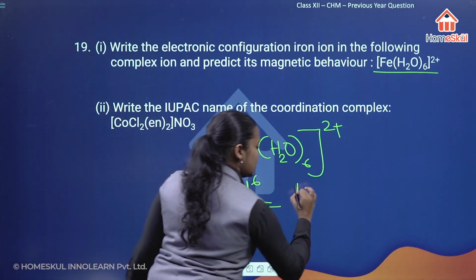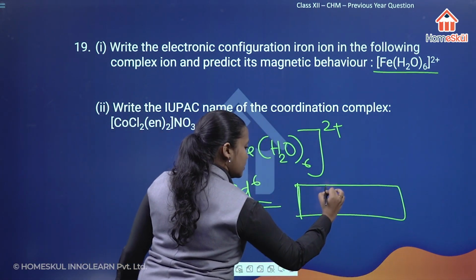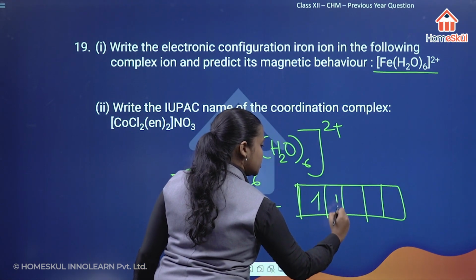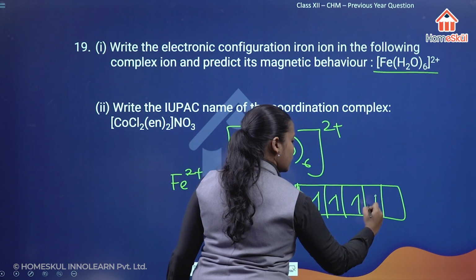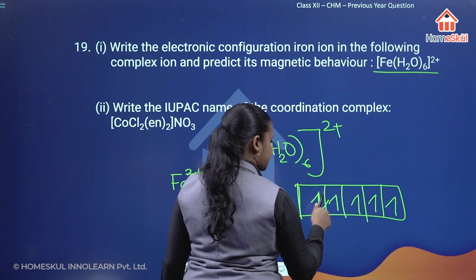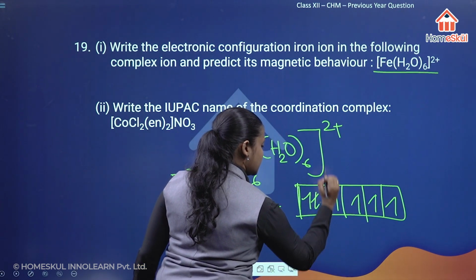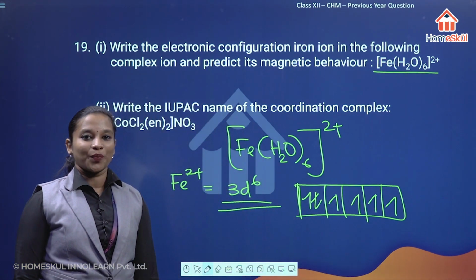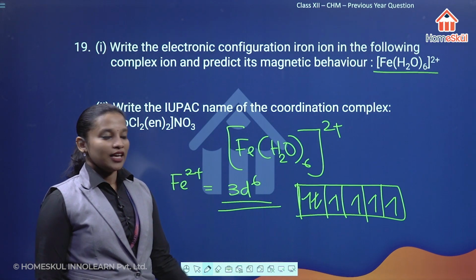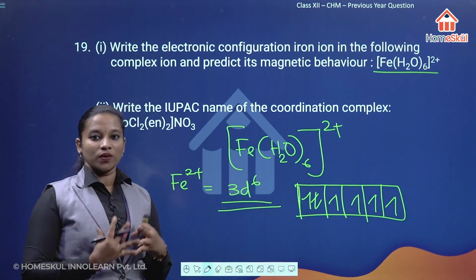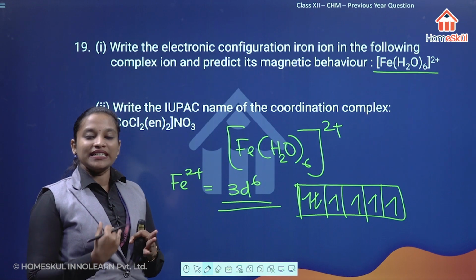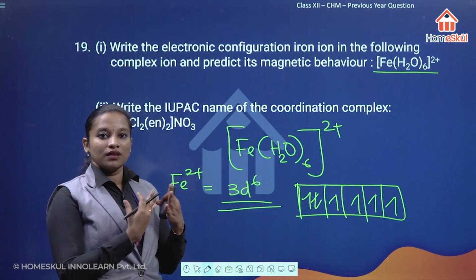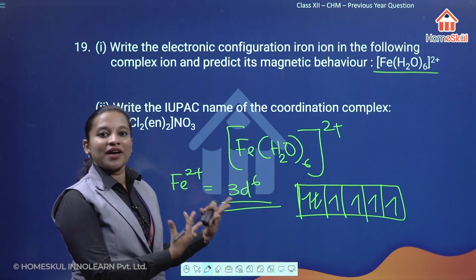Let's draw the d orbitals for it. 1, 2, 3, 4, 5. 1, 2, 3, 4, 5, 6. Here we can see the presence of 4 unpaired electrons. If unpaired electrons are present in that compound, it is paramagnetic in nature. The presence of unpaired electrons means it is a paramagnetic compound.